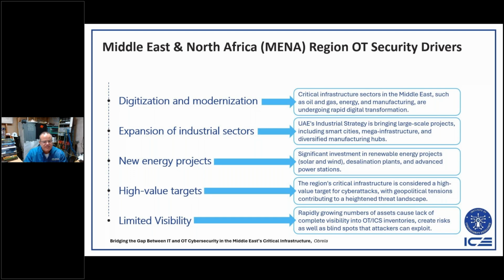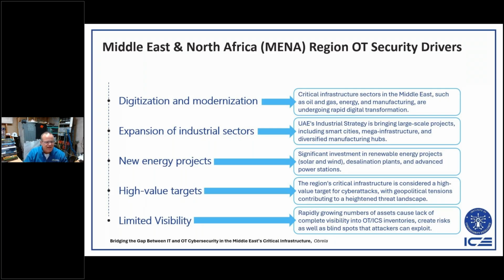Regional infrastructure is considered high value targets. As you start to have these initiatives and opportunities for growth at that critical infrastructure level, we're simply adding to the number of threat vectors or risk elements that would exist for that critical infrastructure.